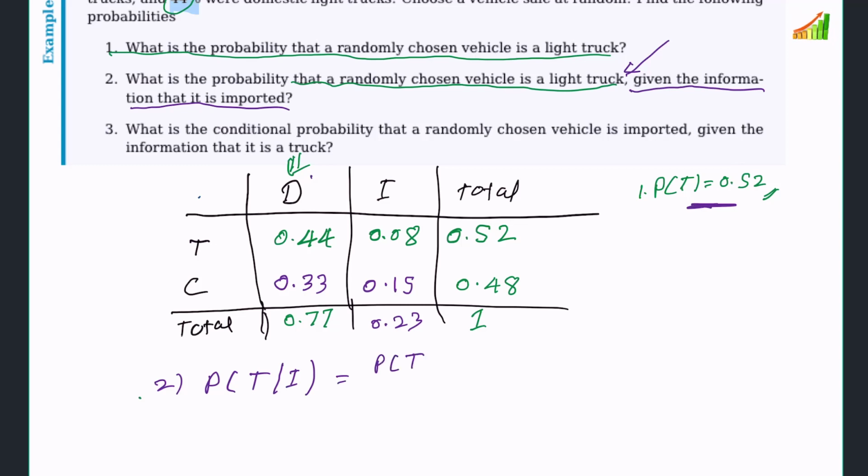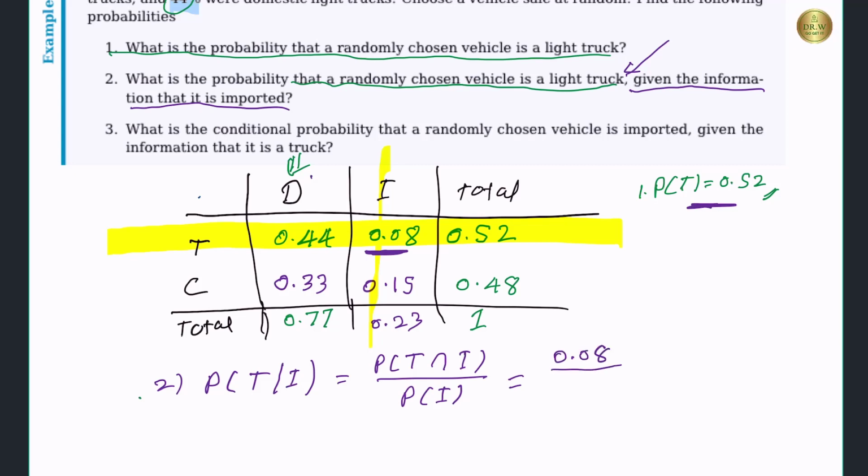Important. Then how do we find this one? Probability of truck and imported divided by probability of imported. It is from the equation. Then how do we find the probability of truck and imported? Okay, truck, this one is the truck. Imported is this column. We need the intersection. So what is the intersection? Intersection is the 0.08, right? Therefore, this is 0.08.